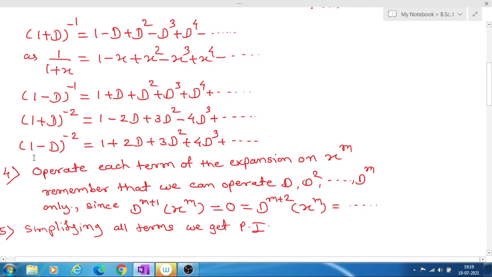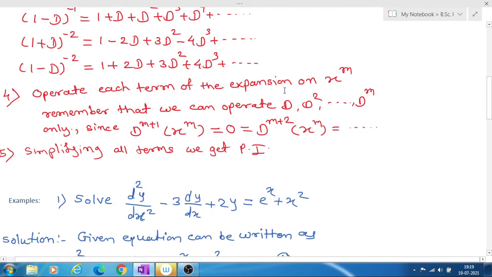Similarly, if there is (1 minus D) raised to minus 2, then the same formula with plus sign everywhere. So we have to use mainly the first two formulae many times, but remember these two formulae also.